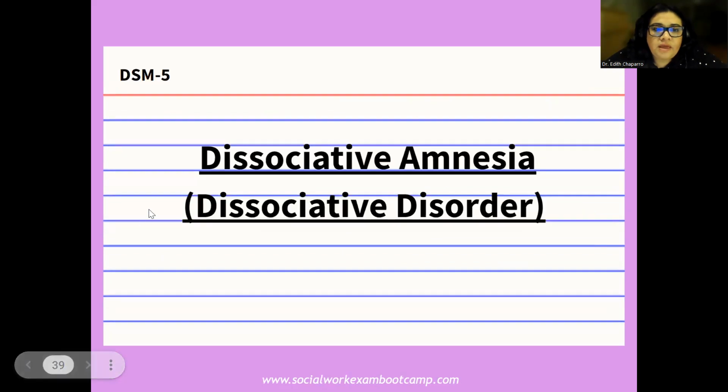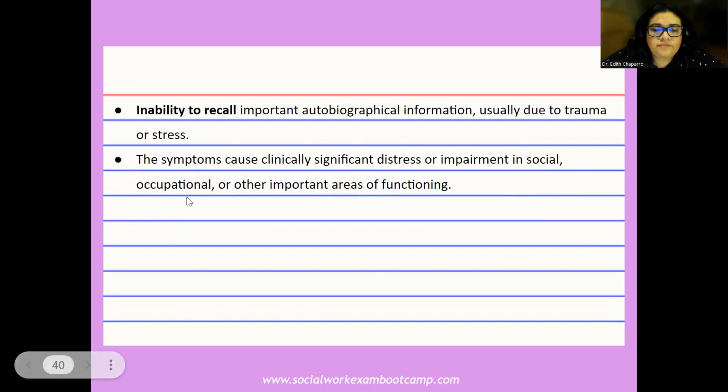Okay. And we have dissociative amnesia. It's a type of dissociative disorder. So maybe you want to write here, type of dissociative disorder, but the name of the diagnosis is dissociative amnesia. All right, and let's see what this is. Inability to recall important autobiographical information.